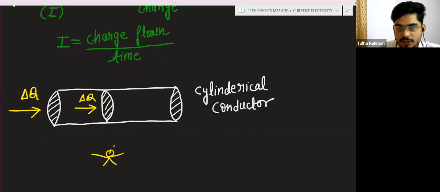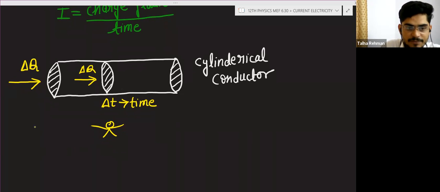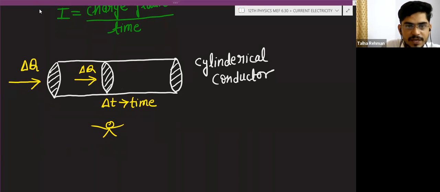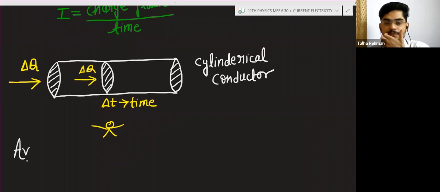He or she sees this delta Q amount of charge has flown in delta T time. So here, if I write the average current, I am taking the average because delta T is a fixed amount of time, not an instant of time.